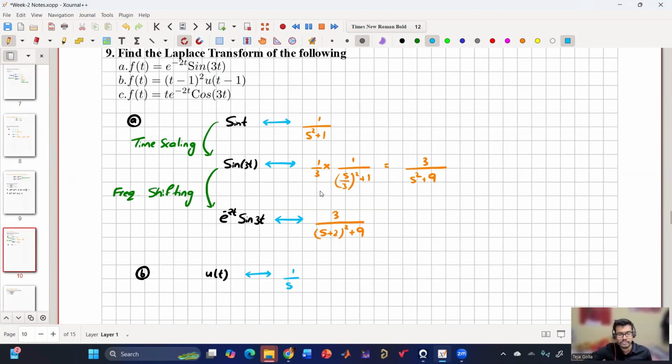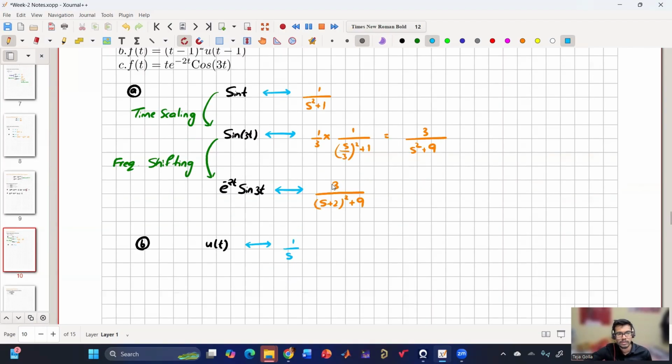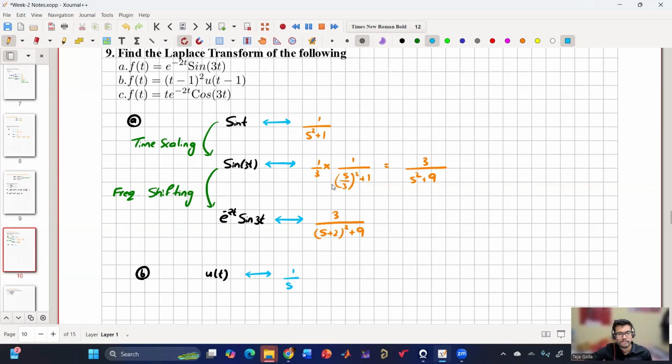Okay, then time shifting, it will be e raised to minus s upon... but there is no t square yet, right?